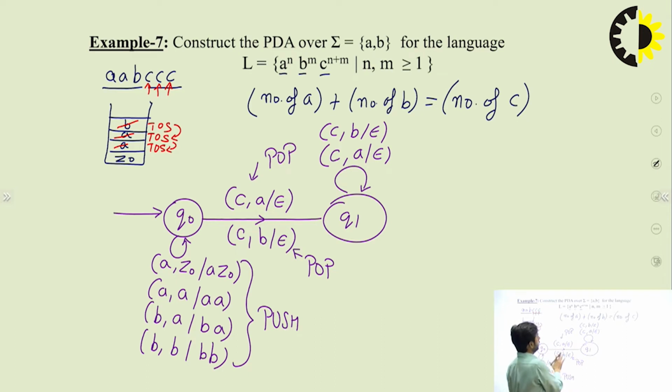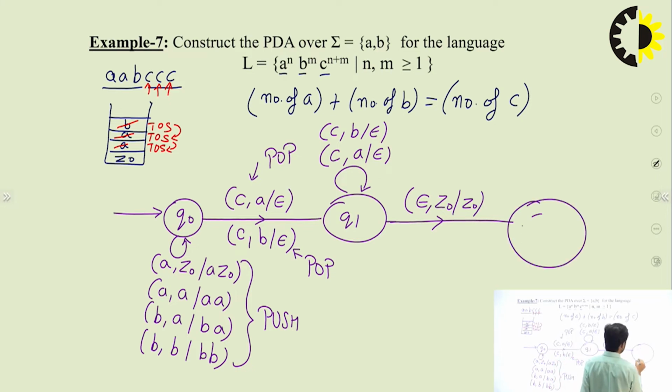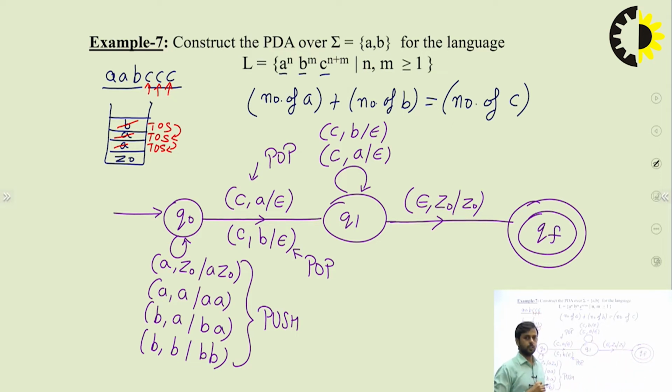Corresponding to this C, all A and B will be over. Now the string is over, and in the last, input is epsilon, top of the stack is Z naught. We keep Z naught as it is, and we reach the final state. So this is the language acceptance by final state.